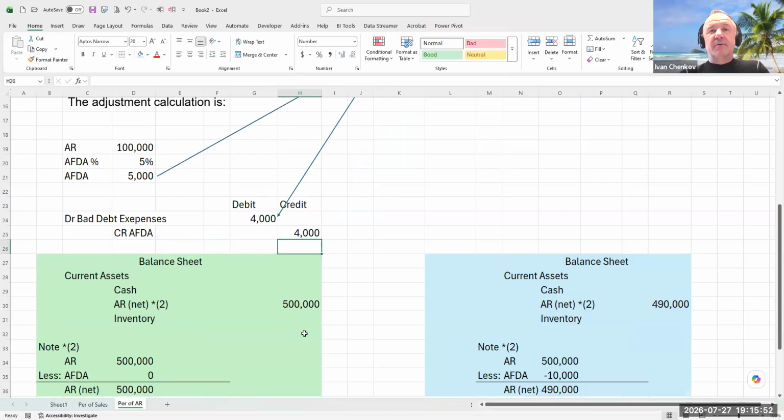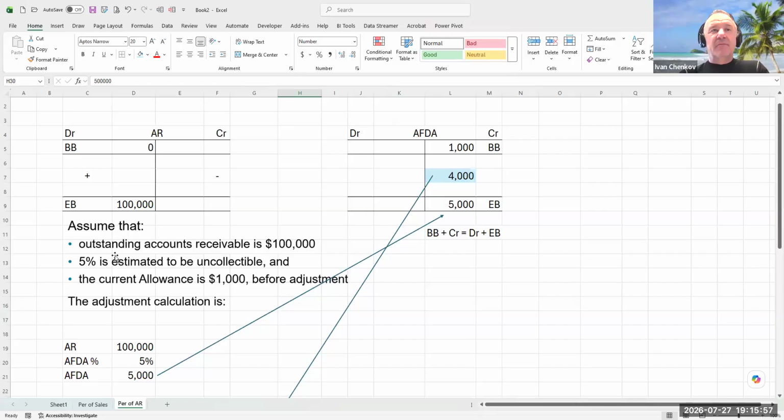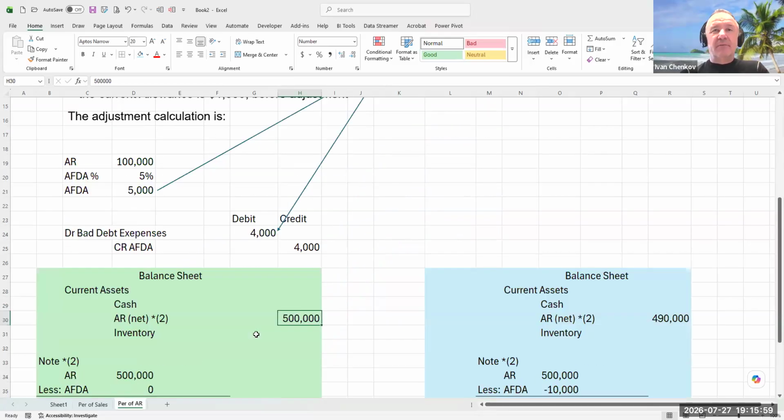How the balance sheet is going to look before the journal entry, we're going to have here 100,000 accounts receivables.